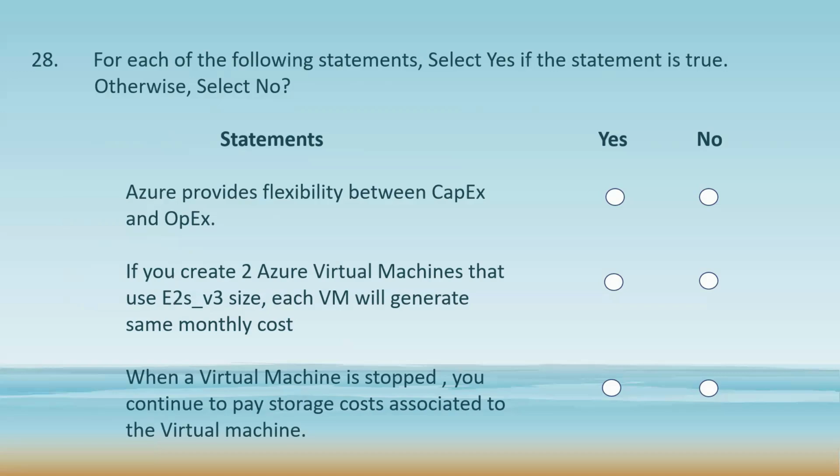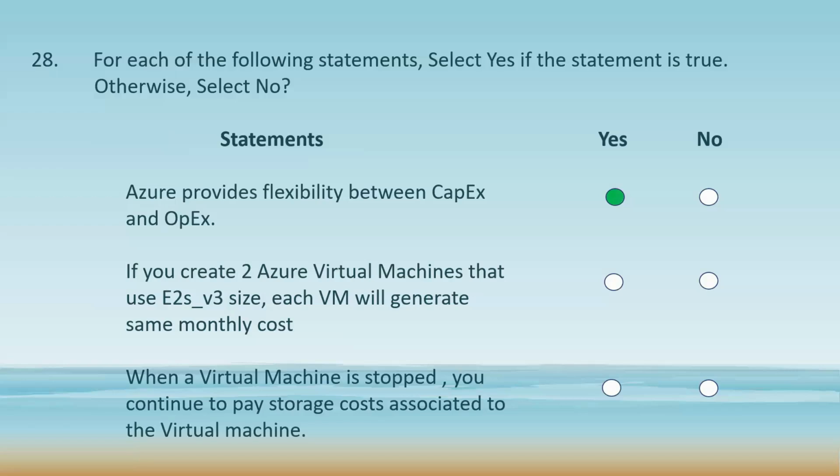Some examples of CapEx are physical data center, storage, or network costs, whereas operational expenditure, also called OpEx, has no upfront cost, but you pay for the service as you use it, which is why the first statement is correct, as all the cloud providers enable you to move from CapEx to OpEx model.